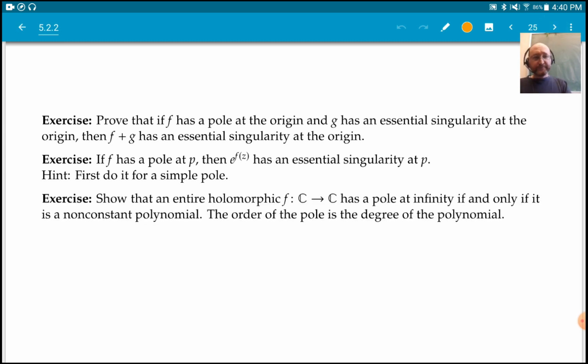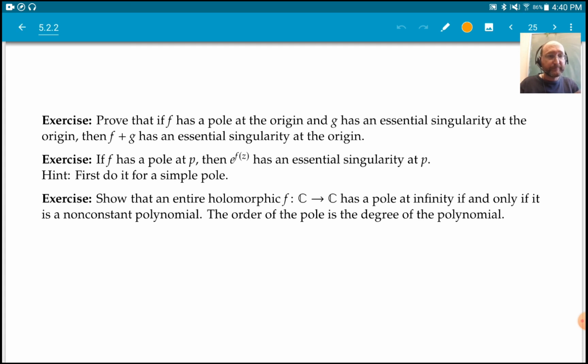Now another interesting thing about singularities at infinity is that it tells us what polynomials are, and tells us the difference between polynomials and e to the z. e to the z has an essential singularity at infinity; it has terms of all orders.